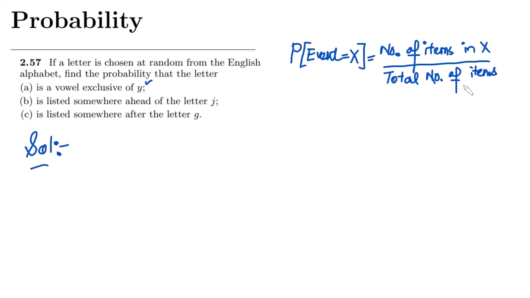We can see that the total number of items available is in the sample space, so that's why I'm writing them here. This is the formula which I'm going to use.